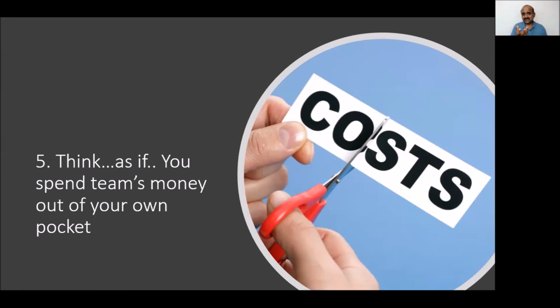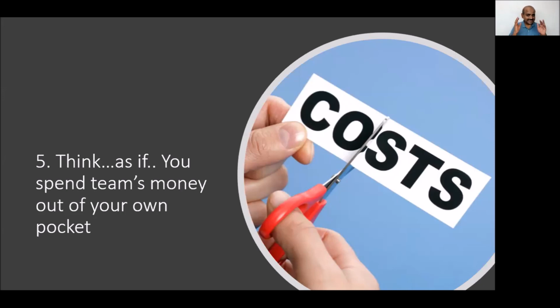Now 6 members at an average salary of 50,000 is 3 lakhs. Now, if you had to spend 3 lakhs out of your pocket towards your household things, what kind of accountability would you expect? What kind of productivity? What kind of trustworthiness?